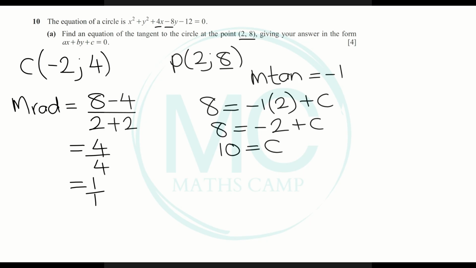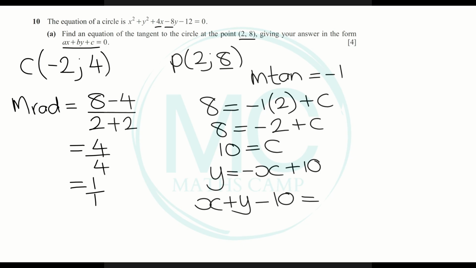Now we can write the equation for the tangent as y is equal to negative x plus 10. But the question asks us to leave our answer in the form ax plus by plus c. So let's move x and 10 to the left, and we get x plus y minus 10 is equal to 0.